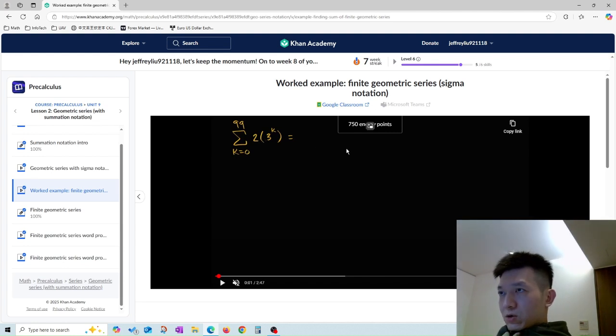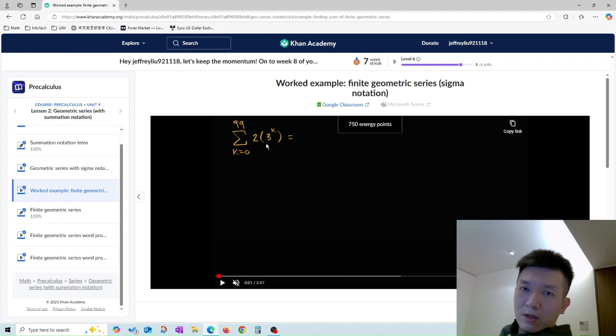It says all the way to 99, but supposedly it's the n plus 1 term. So 99 plus 1 is going to be 100. So we can apply the series formula right here, and add them up together.